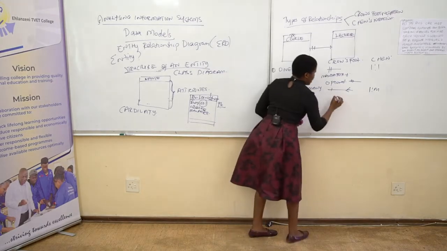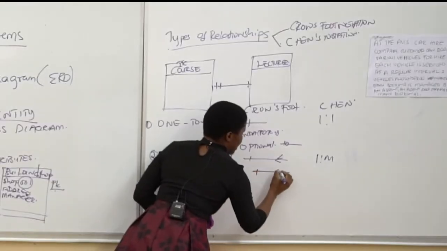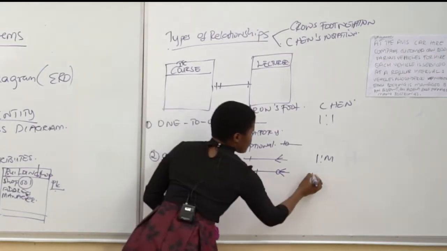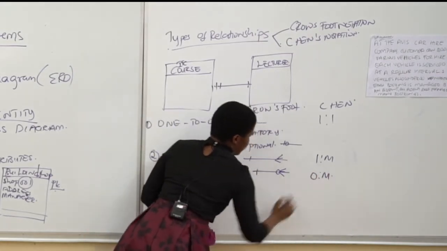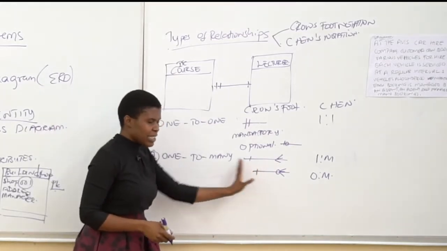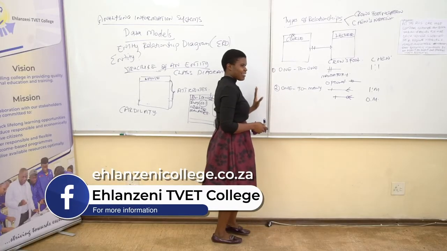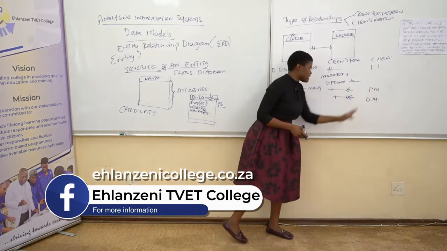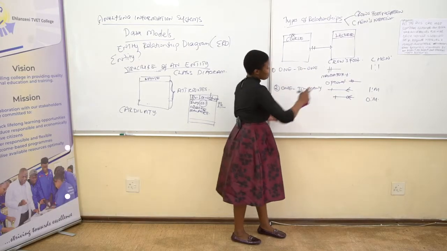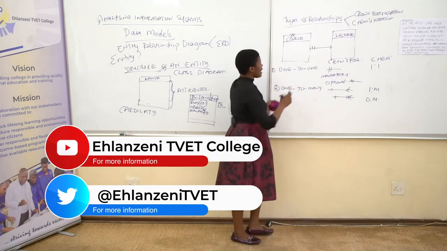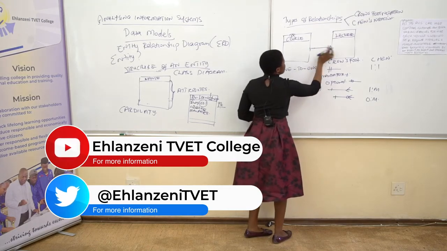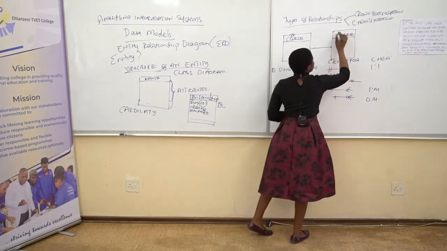If it's optional, it's going to be one, then a zero to many on this side. This side represents the relationship where it's moving from, and this part represents the relationship where it's going. The one must be there because we are moving from this side to that side. Okay, if you're going to represent this, let's change this one to a student.